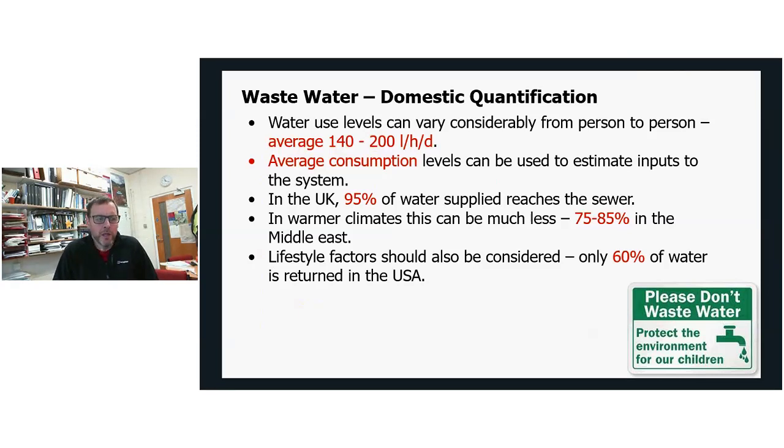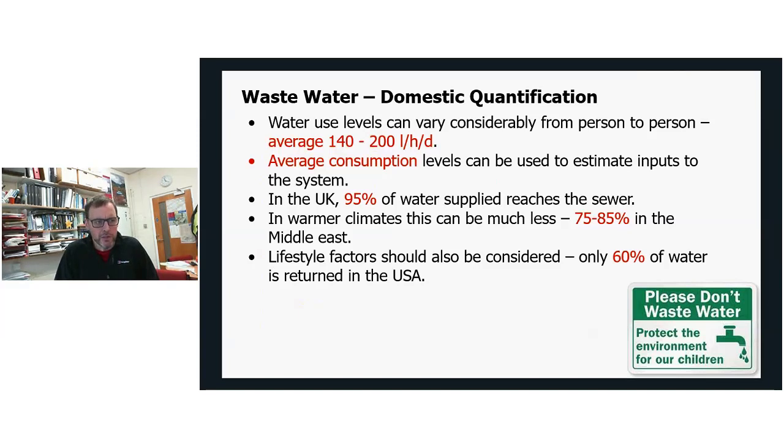So the starting point often for estimating foul flows into a new network is to think about water consumption levels, because in most parts of the world, if you're aware of what your water consumption levels are, you can make an assumption about how much of that water will be returned to the sewer network.